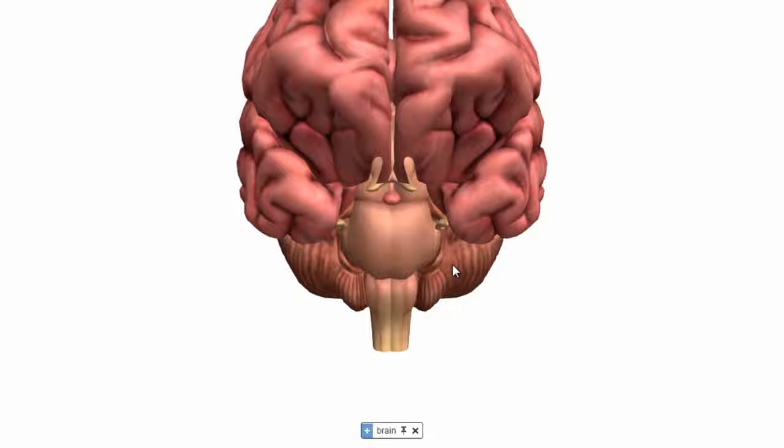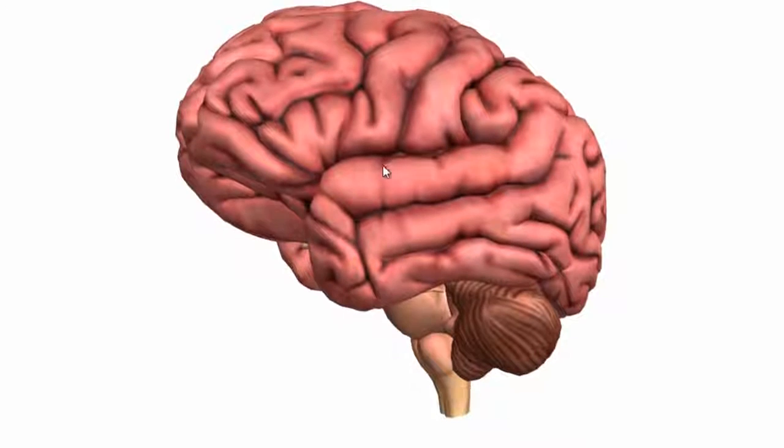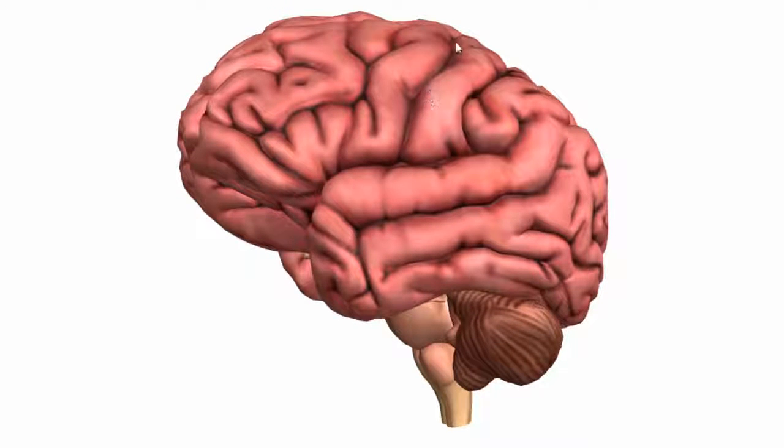Just looking at the outside of this cerebral hemisphere, you can see that there are these grooves and ridges. The ridges are called gyri, and the grooves are called sulci. You've got lots of these different grooves and ridges, and they all have different names. But 2 important ones to remember are the central sulcus, which I'm showing you here with the arrow, and the lateral sulcus.